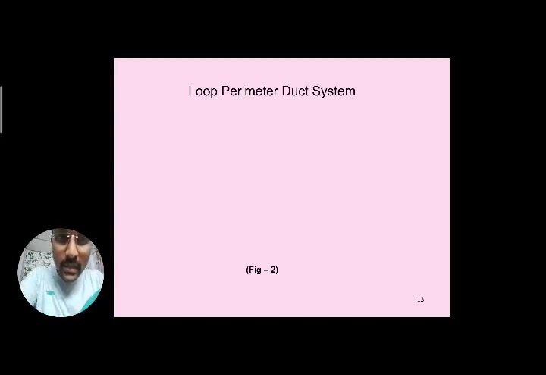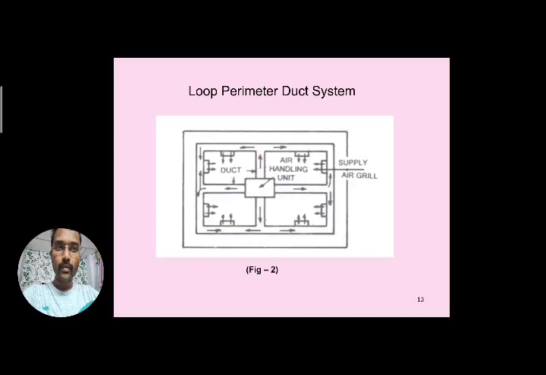So this is the general classification seen regarding the duct systems, and next we will see the loop perimeter duct system. As already told, based on how they are arranged, this duct system is chosen. Okay, so this is a diagram you can observe, the loop perimeter duct system.